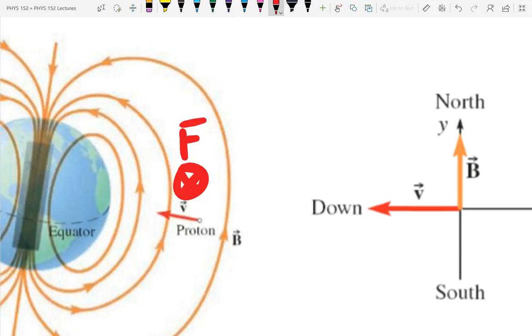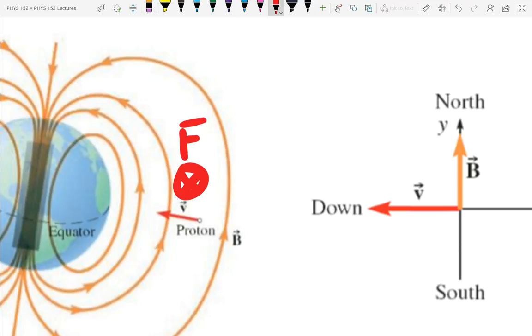What does that mean in terms of this Earth is round? So this is like a picture taken from the moon, and we're looking at something that's coming in like this. It hits the Earth's magnetic field and is going to be deflected. In this case, that would be deflected to the east.